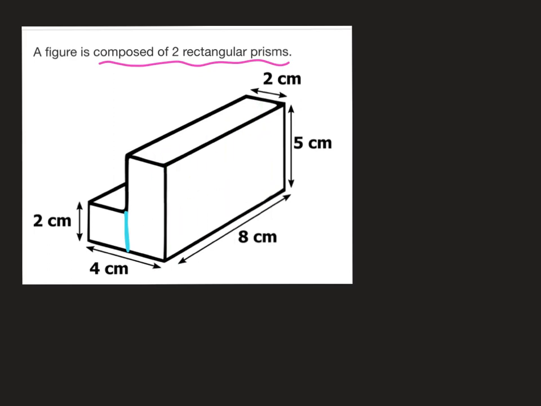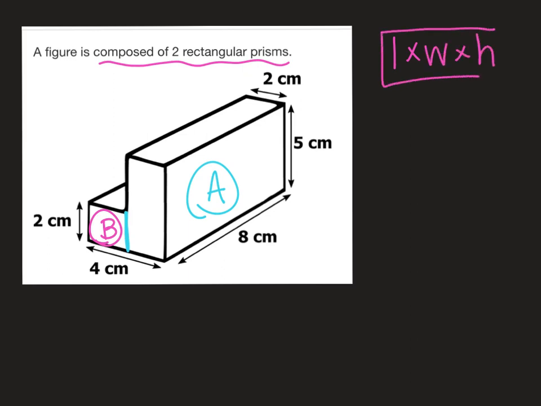We're going to mark that A. And then this little small box right here for this rectangular prism, we're going to mark it B. Just like we did in the last one, we have a rectangular prism A and a rectangular prism B. And we know for each one of those, we have to have a length, a width, and a height. So we've got to find 3 different dimensions or numbers to represent the length, width, and height so that we can find the volume of each and then find the volume of the entire figure.